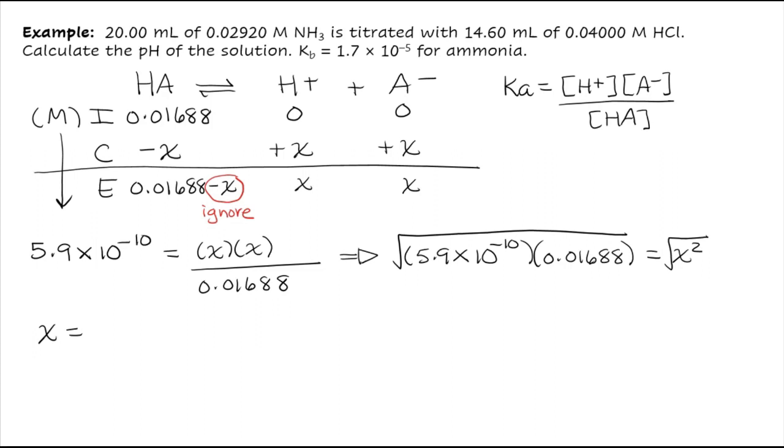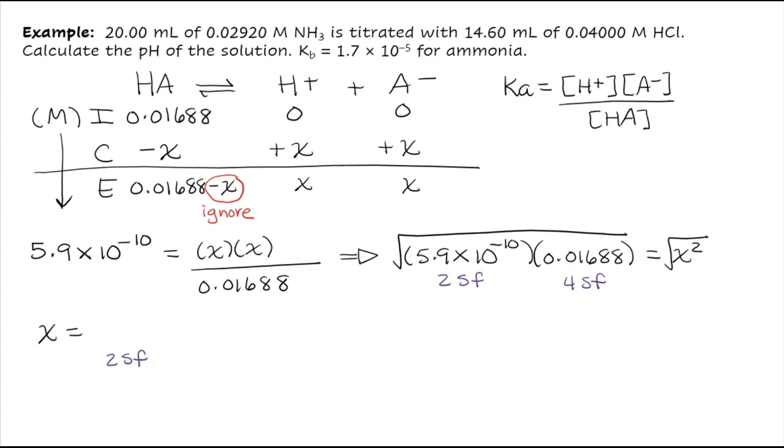Taking a look at our sig figs before we do that calculation, we have 2 sig figs in Ka, 4 sig figs in the molarity, so when we solve for X, we'll round it to 2 sig figs.